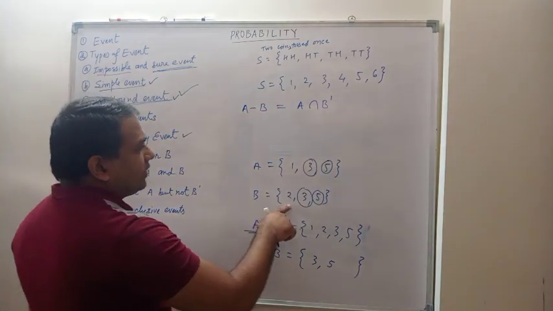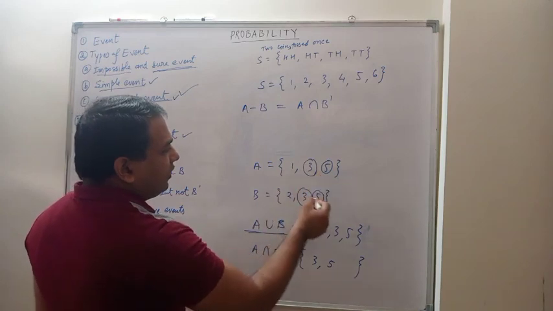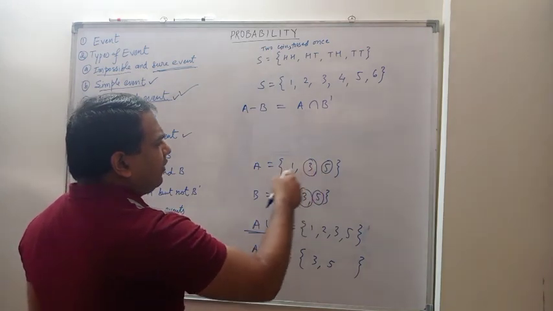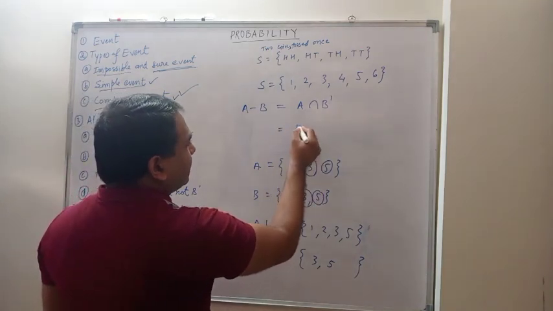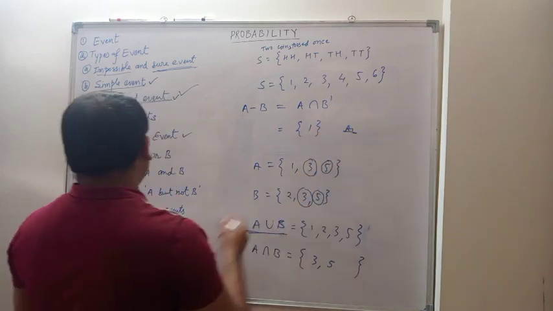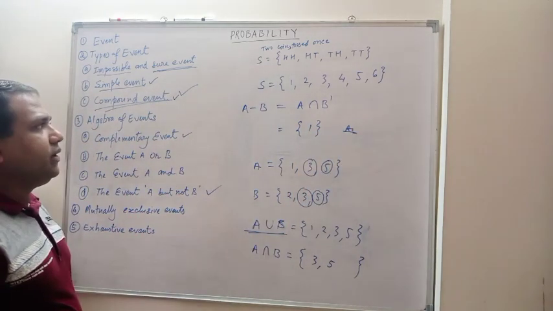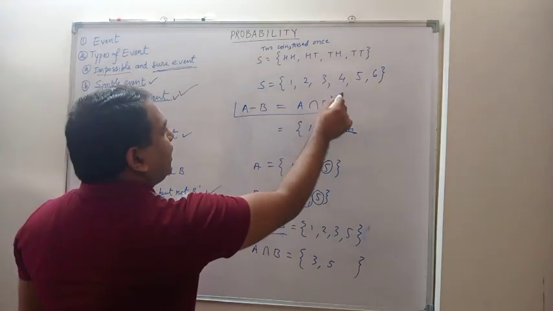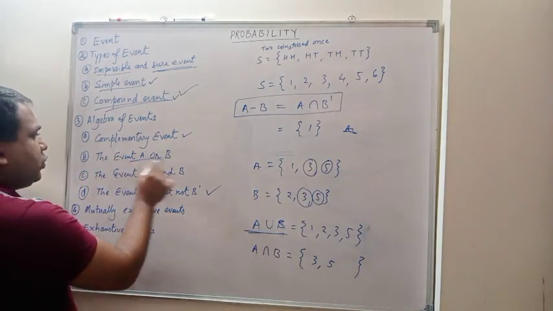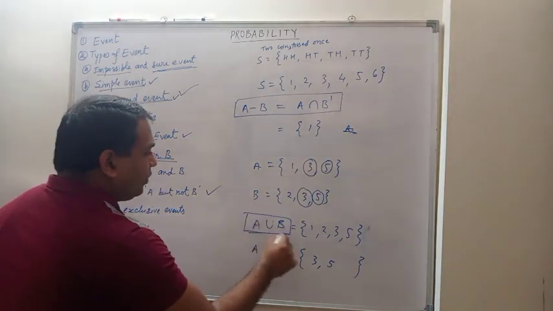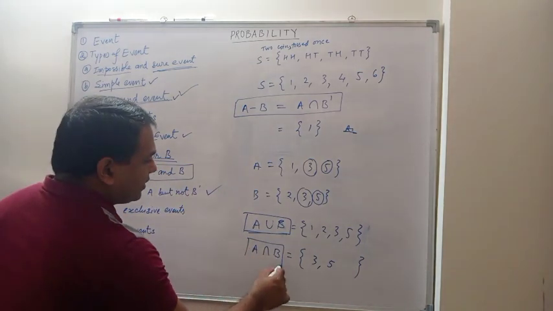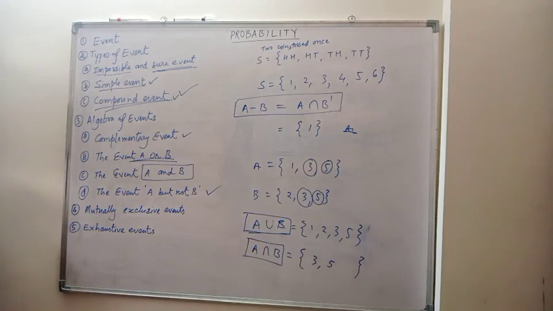The common elements in these two are 3 and 5, so I eliminate 3 and 5 from A, and what I get is 1. This is my answer for event A but not B. So A but not B is considered as A minus B, A or B is considered as A union B, and A and B is considered as A intersection B.